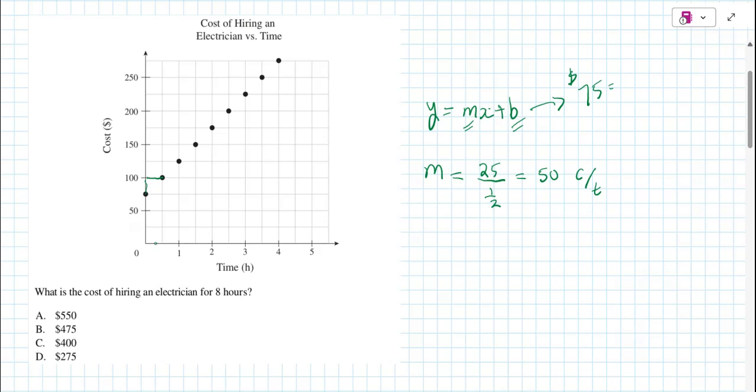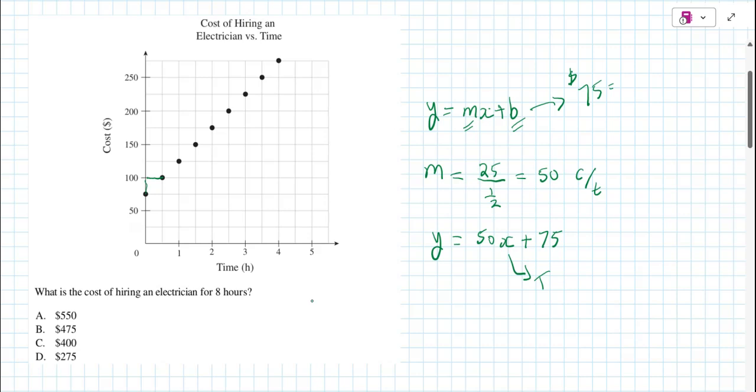Okay, so here we go. Now we're going to rewrite y equals 50x plus 75. And now you can plug in the 8 hours for x, because x is the number of hours. This is your t, basically. I could have written it as t, and that's okay too.